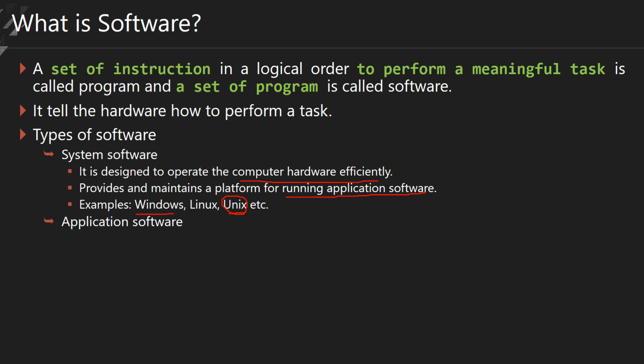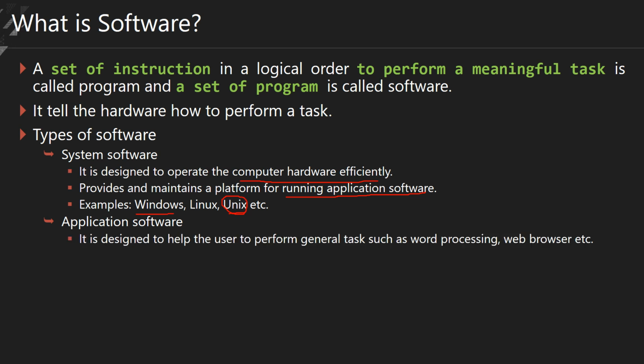Then we have application software. Once you understand the system software, we have software that comes under the application category. These are developed by programmers and designed to help the user perform general purpose tasks, such as word processing and web browsers.